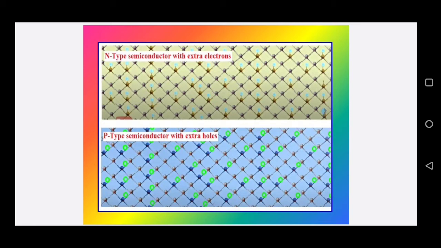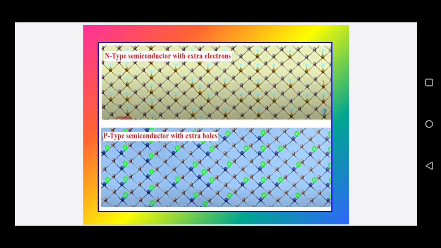Silicon is having valence electron 4. So, here there is an extra electron in phosphorus. This extra electron is moving here and there. This doping is called N-type doping. So, N-type doping is having 1 extra electron.